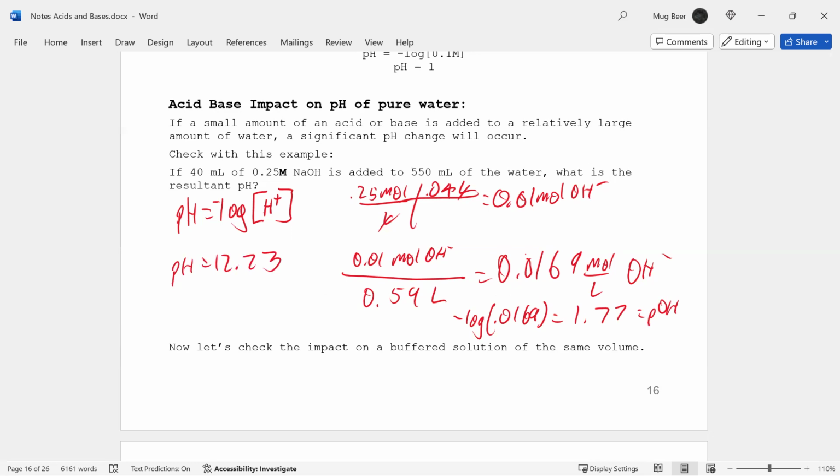So 550 milliliters, it's about this much water, a little more than half of this container. And I added 40 milliliters, so just a little bit more. And the pH went from being 7 to being 12.3 or 12.23. Do you want to guess what kinds of things have that high of a pH? Do you remember?